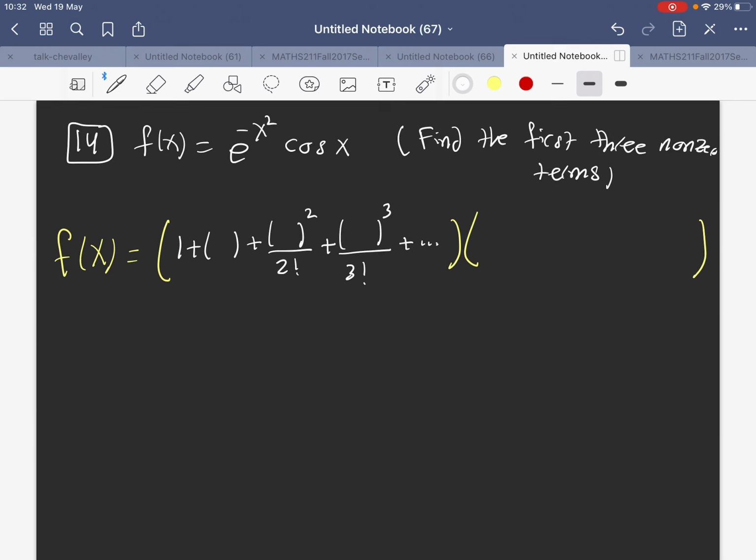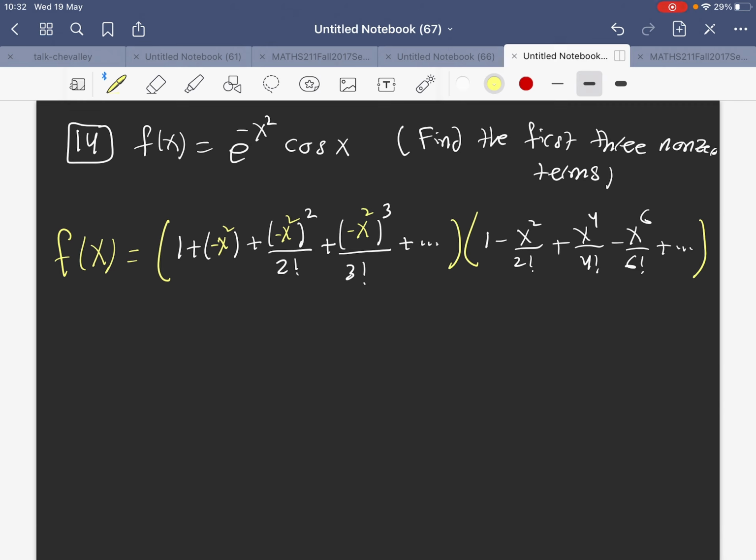And then the cosine, I think cosine is straightforward. It is 1 minus x squared over 2 factorial plus x⁴ over 4 factorial minus x⁶ over 6 factorial and so on. Now, what I should write here is negative x squared.